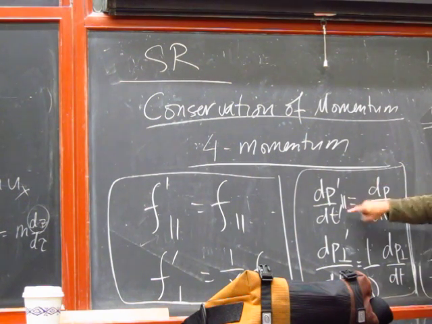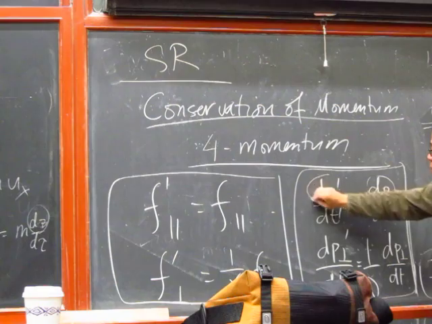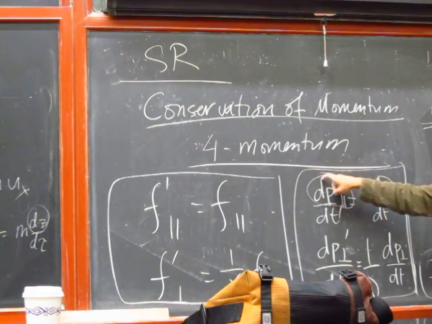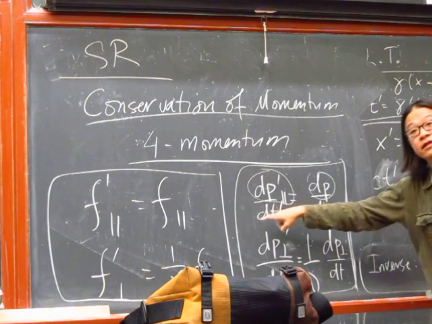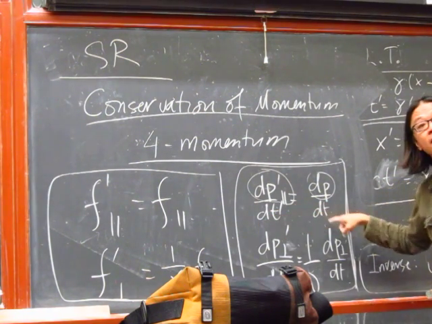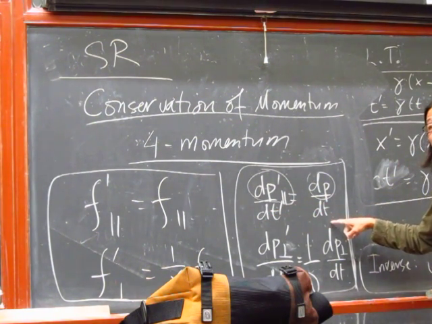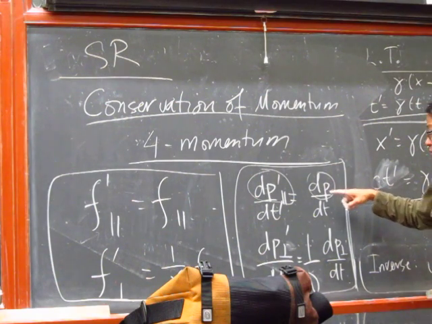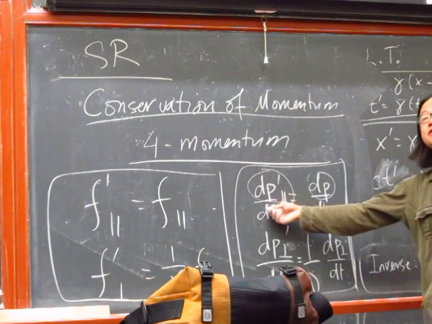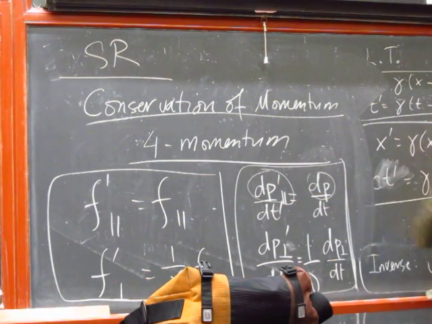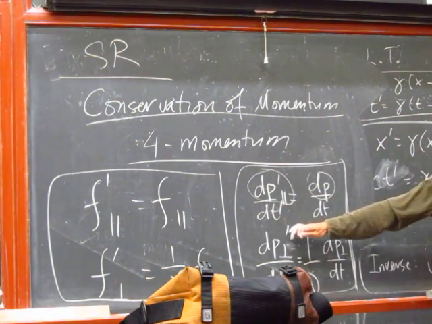So the dp transforms simply like a Lorentz transformation, but the t transforms with time dilation. When you do that, this is what you get: the relationship between force in one frame and force in another frame, and this is what we need to calculate.